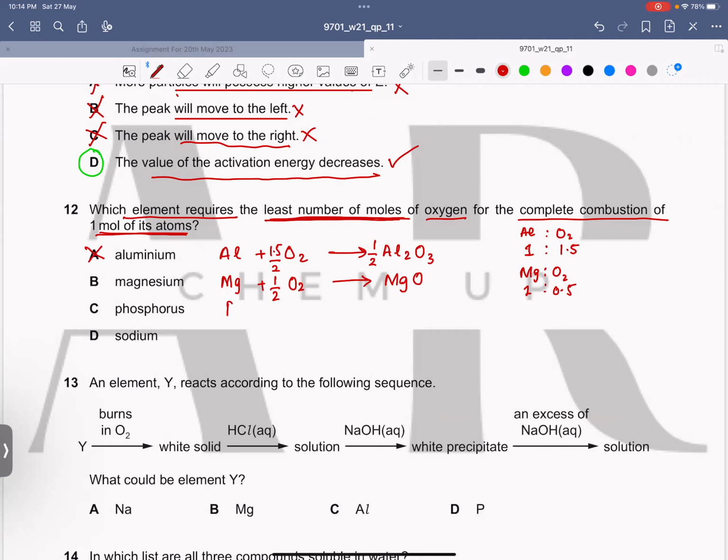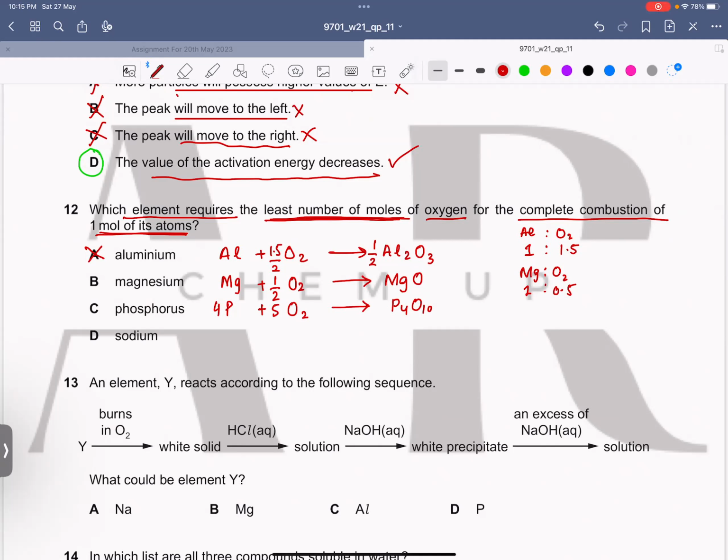Now, the next case is phosphorus. When phosphorus reacts with oxygen, we know we get P4O10. If I balance the equation, I would put 4 over here and I would put 5 over here, right?